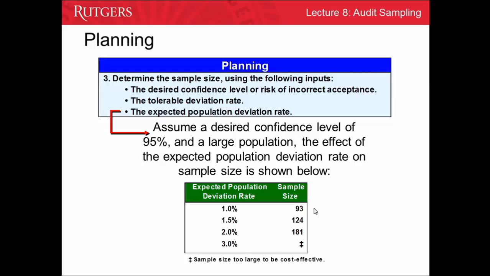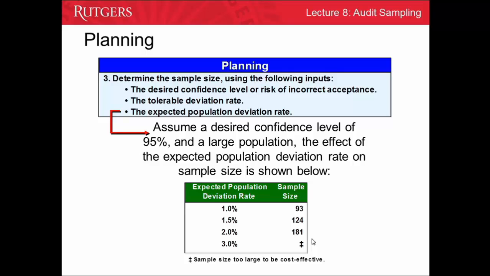For example, assuming a designed confidence level of 95%, a tolerable deviation rate of 5%, and a large population, the effect of expected population deviation rate on sample size is shown in this figure. If we expect a 1% population deviation rate, then the sample size is 93. But if we expect a 2% population deviation rate, the sample size becomes 181.